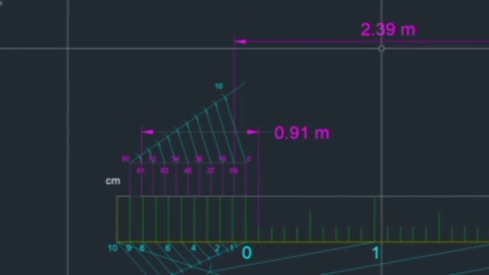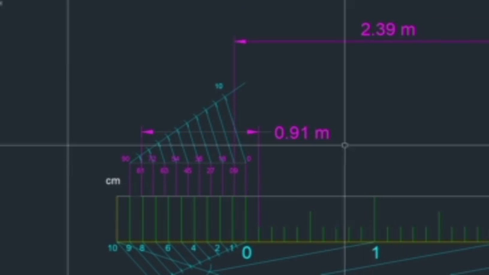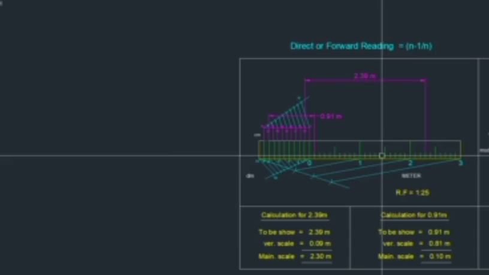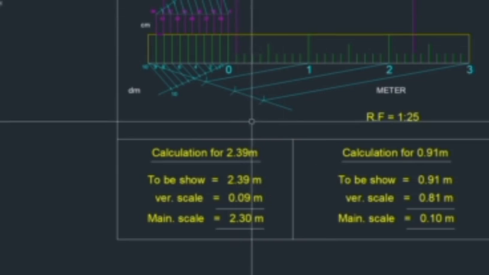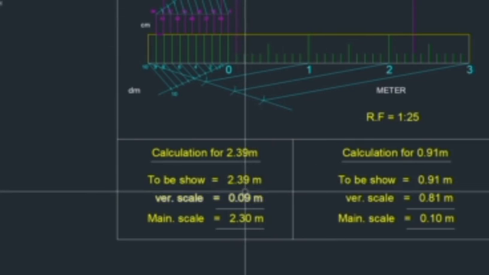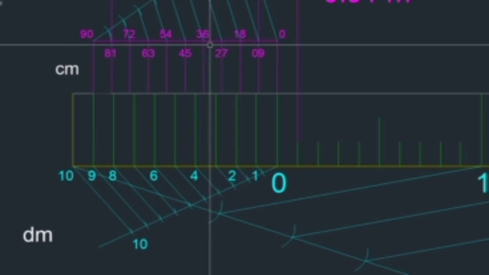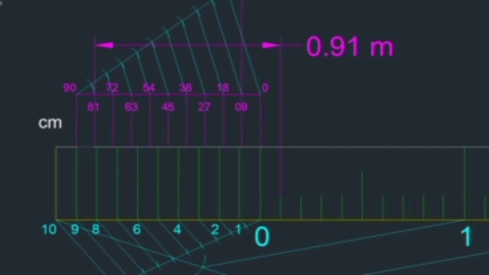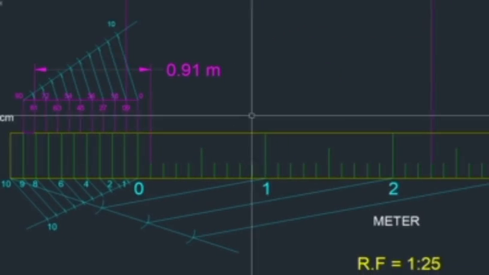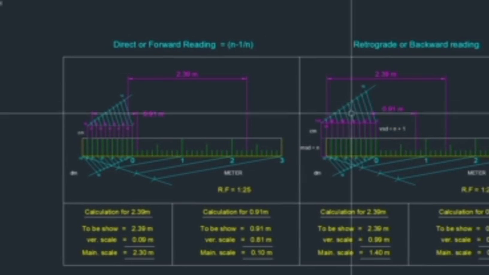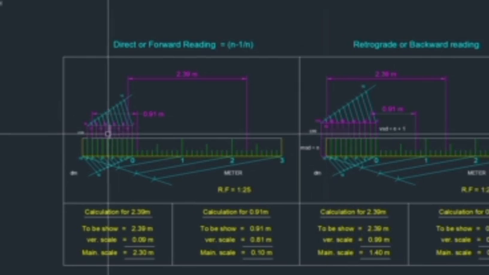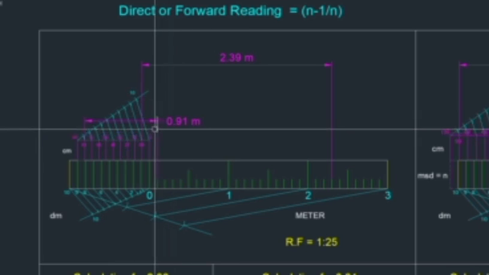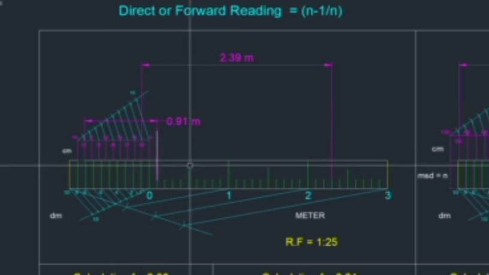So how to show this 2.39 now? In the last division you have to show 0.9. Where are you getting your 0.9? In the first itself. In the retrograde you are selecting 0.99 here, whereas here you are getting 0.09 itself.